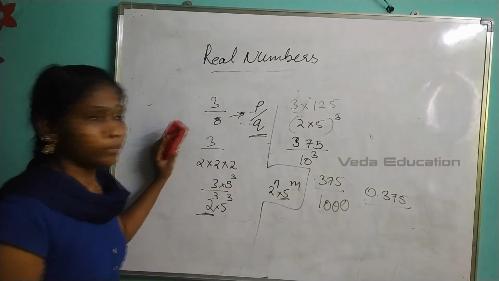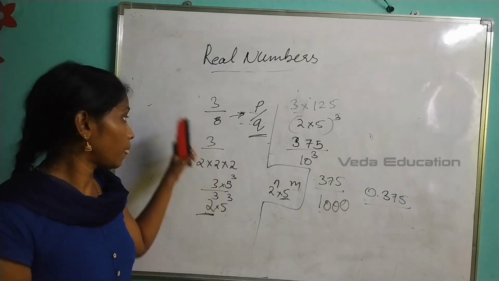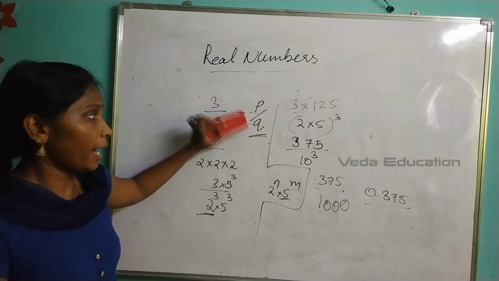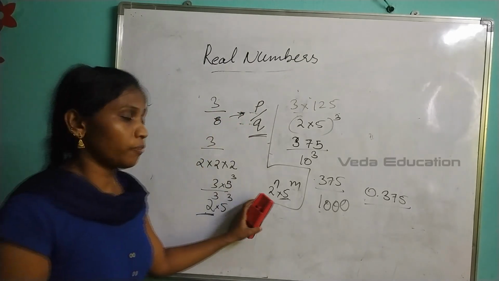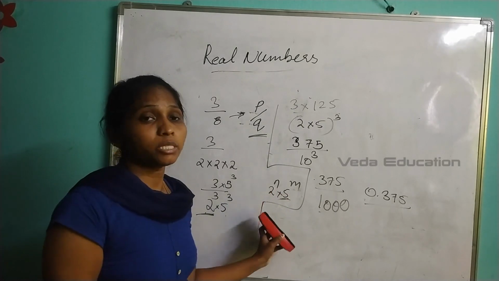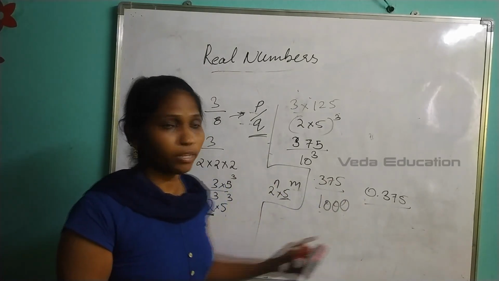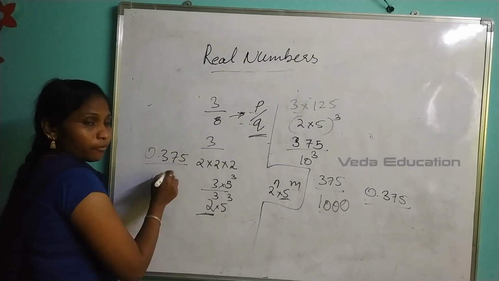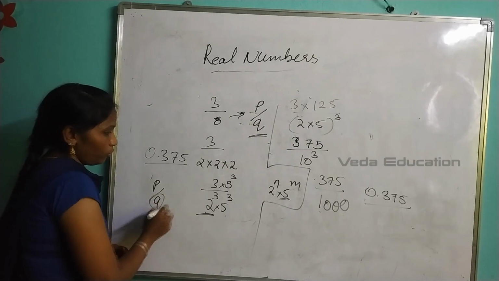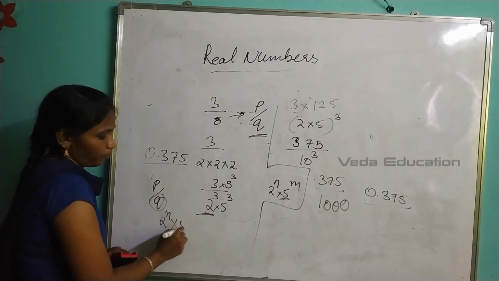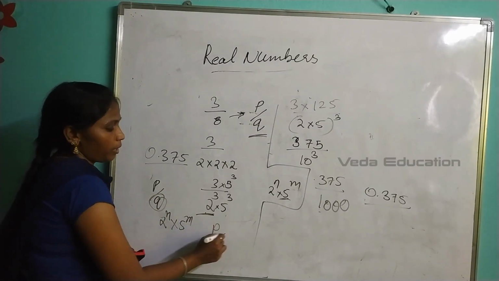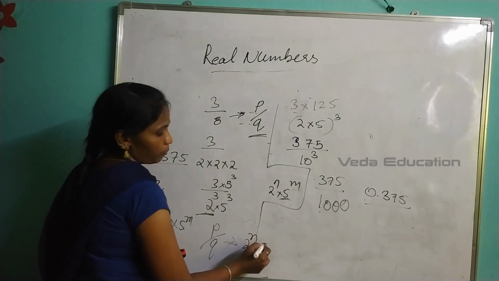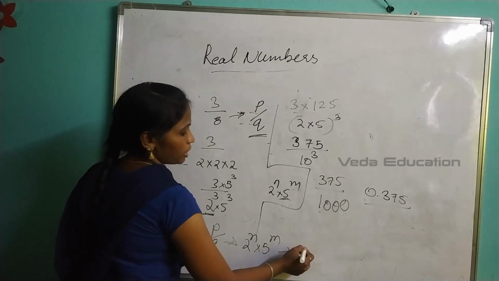So from this we got one statement. If the given number is a rational number in the form of p by q, and the prime factorization of q is in the form of 2 power n and 5 power m, then the decimal expansion terminates. Got it everyone? If the decimal expansion terminates, we can write it in the form of p by q, and q is in the form of 2 power n and 5 power m.